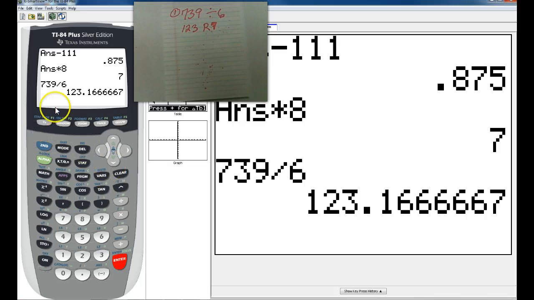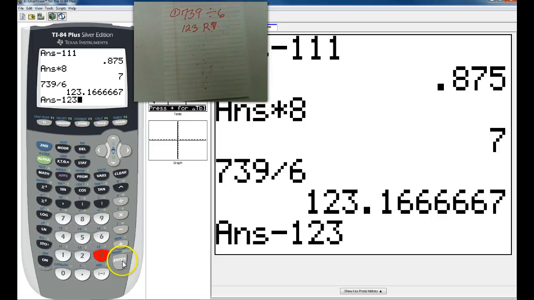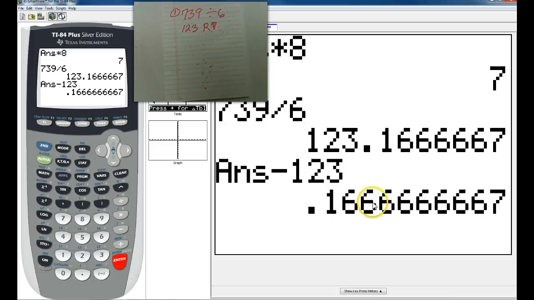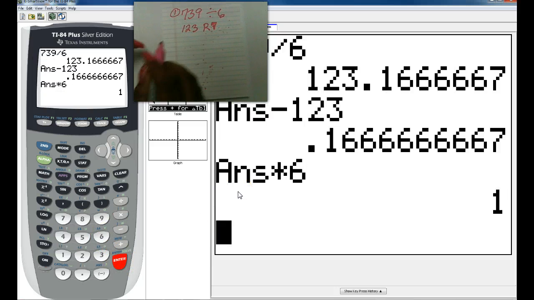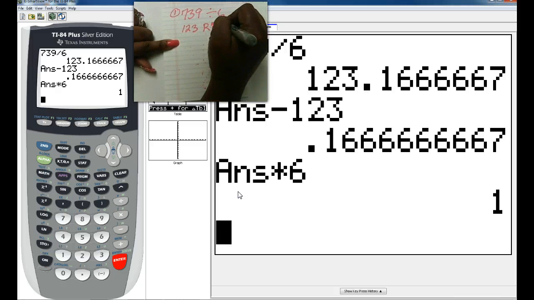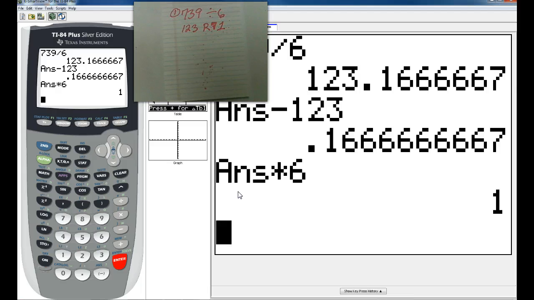So let's subtract out our 123, and then multiply this time by our denominator, which is 6 times 6. And your answer is 123, remainder 1. So that's all you need to do when you divide whole numbers and you're looking for the remainder.